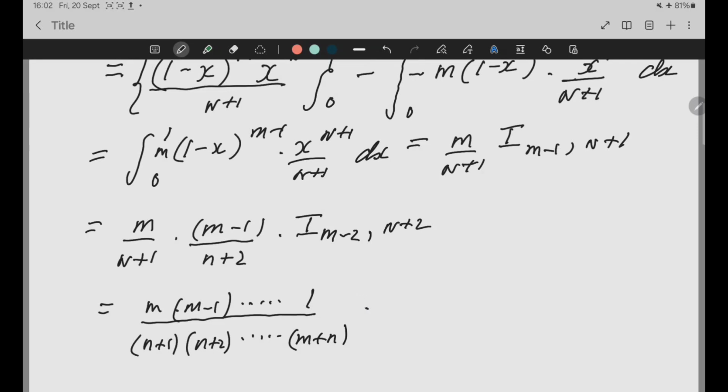Now, what about the I part? Well, if you notice, the first number after the I should be 1 less than this number here, so that will be I_0, and these two numbers must always add up to m plus n, so that will be m plus n.